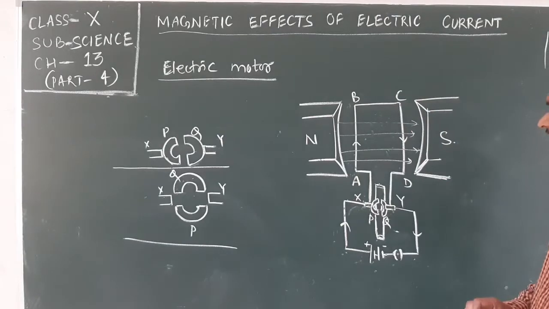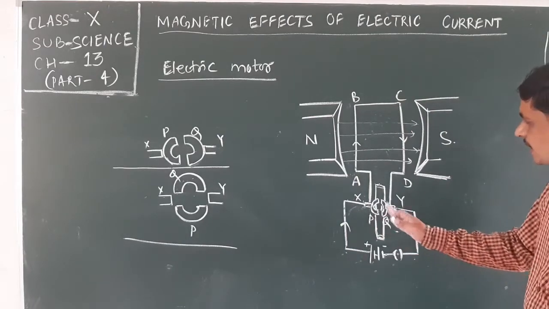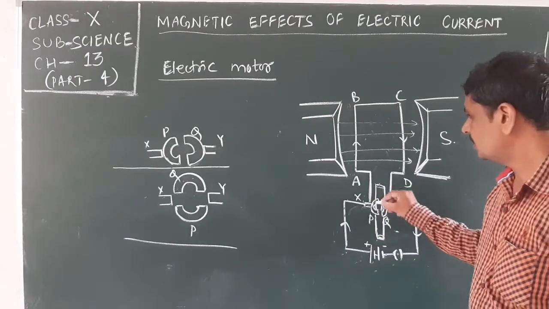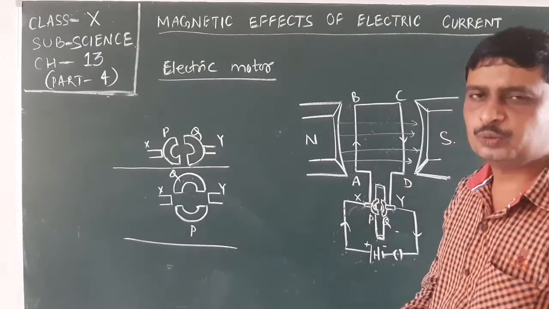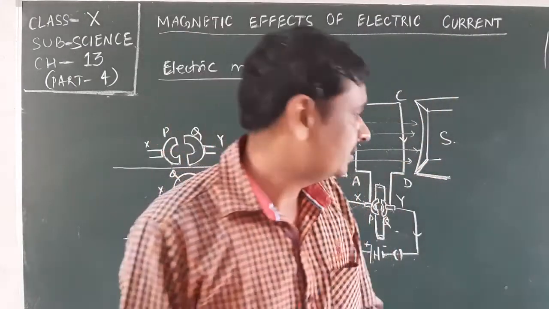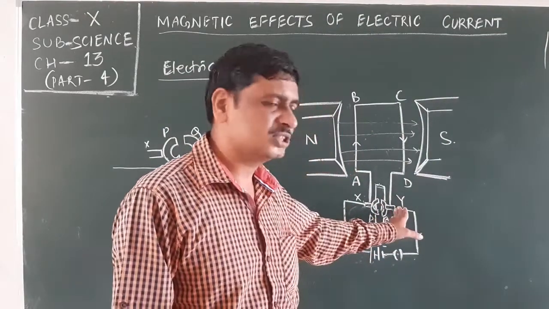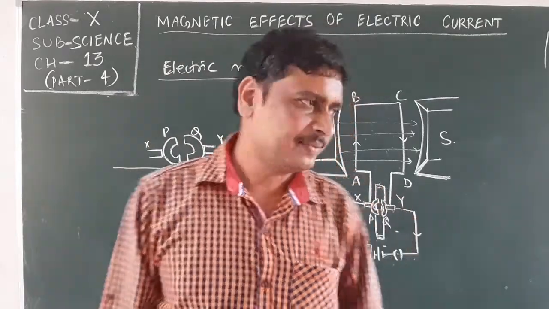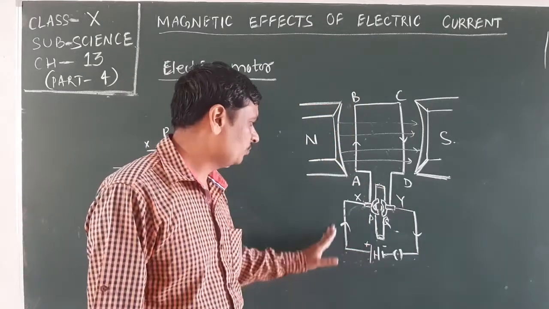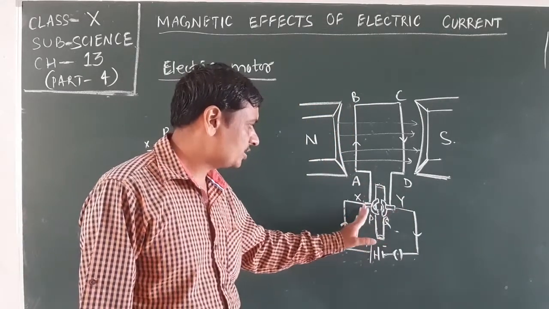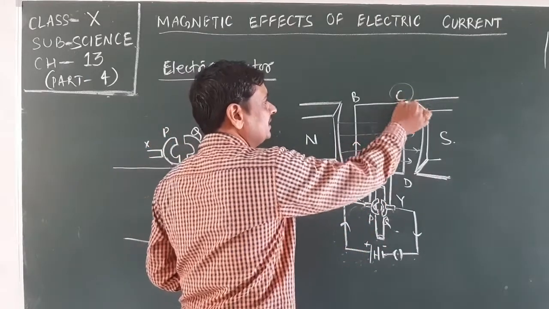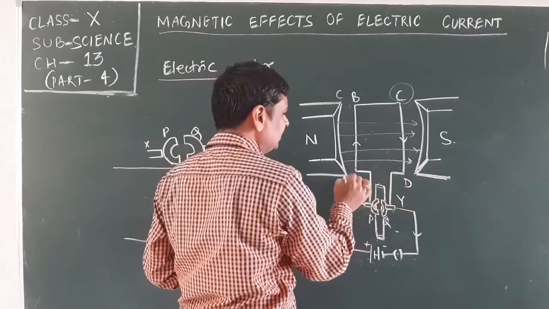After this half rotation, the polarity of the armature will change. The rings will be interchanged. This P comes towards the brush Y and Q comes towards the brush X. In this case, the electric current will flow from this brush to the ring Q, and this C comes here and D comes here.